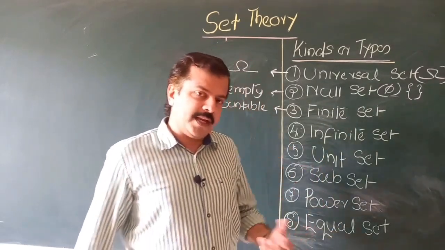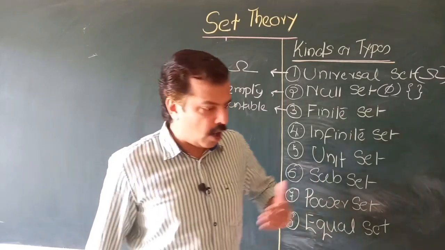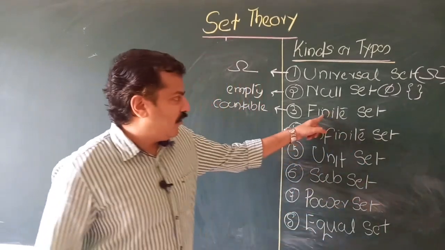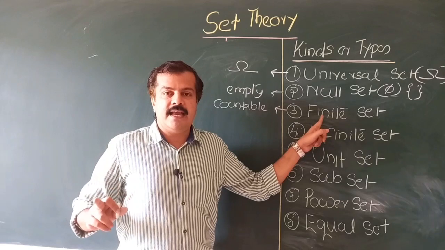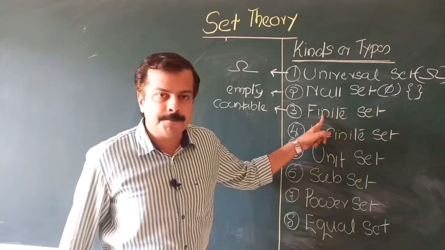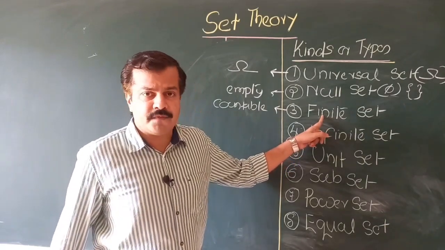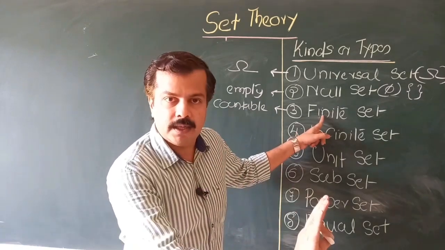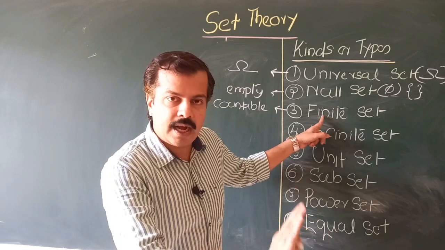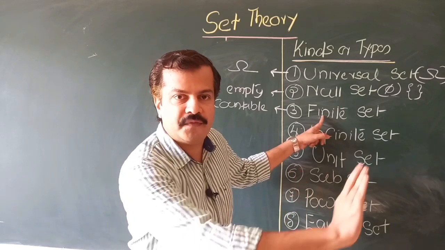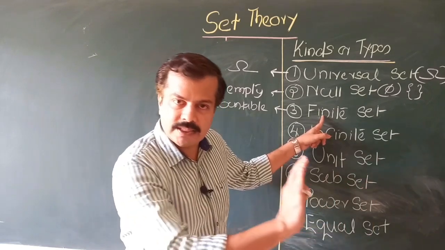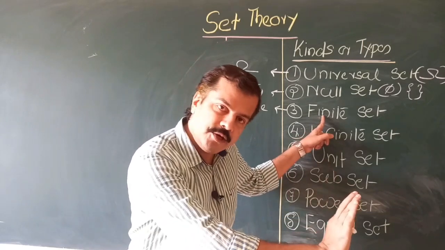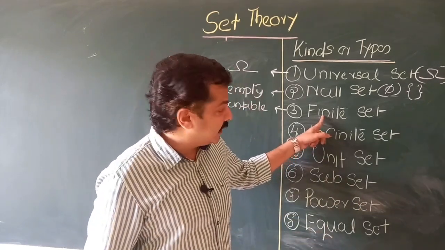Denumerable means numerically you can count how many elements are there. So finite sets are always countable, always denumerable. That is the finite set.